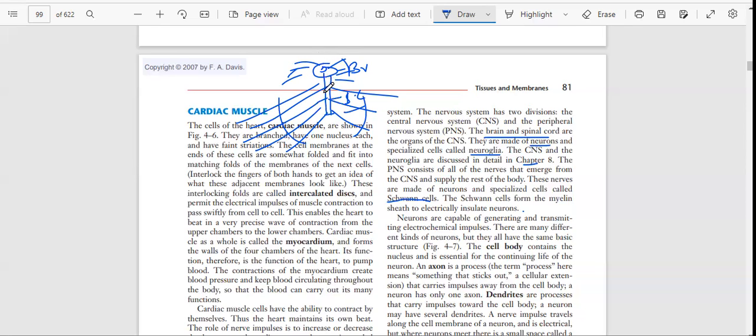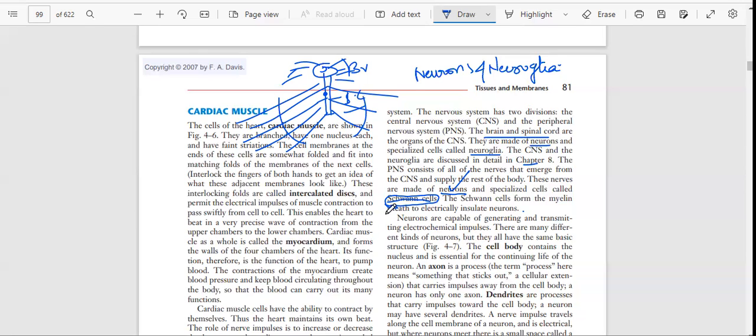The brain and spinal cord are made up of two types of cells called neurons and neuroglia. But the peripheral nervous system is made up of neurons and a second type of cells, Schwann cells. Neurons and Schwann cells. So these things we have to remember.